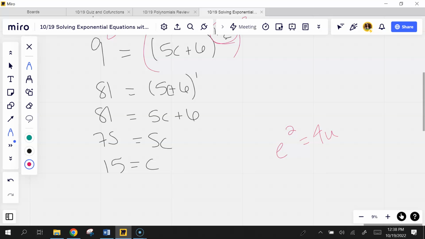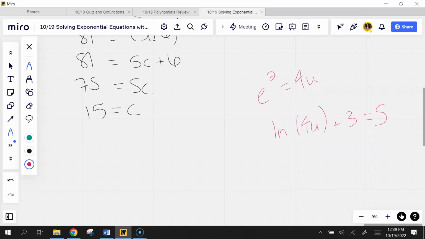When you check for extraneous, you're ln, you put it back into the log. And those aren't going to be exact because you're going to have rounding issues, because e is irrational. You're going to have to round it somewhere. Should be really close to 5, it depends on where you put it in.